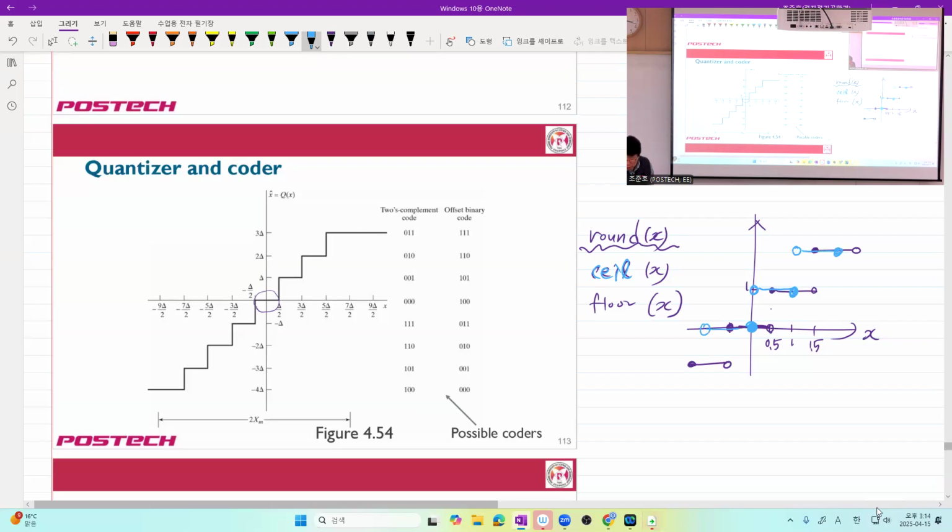Then you have something like this. What about floor of x, flooring? Then if you have 0, it's 0. If you have up to 1, it's 0. And then you have a jump, and so on. Got it?